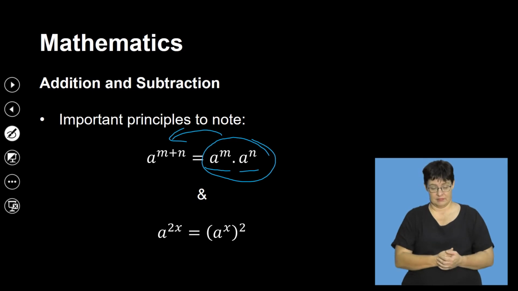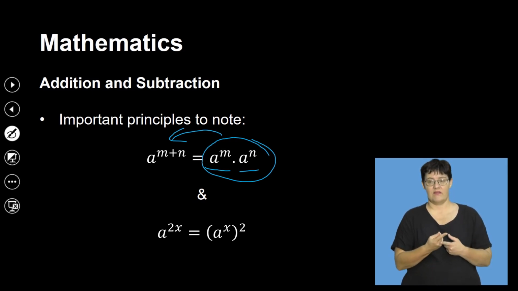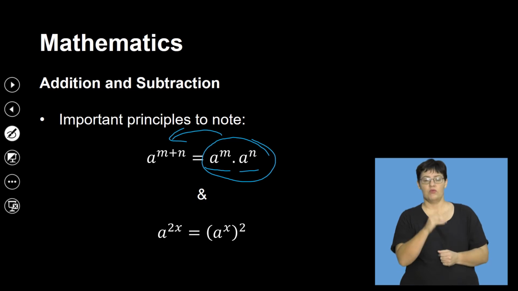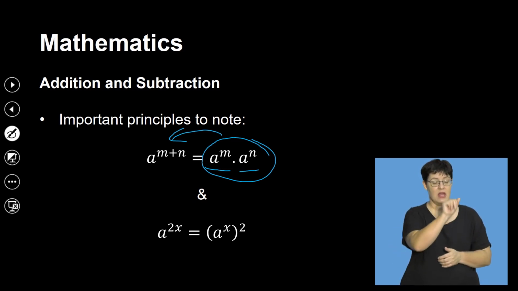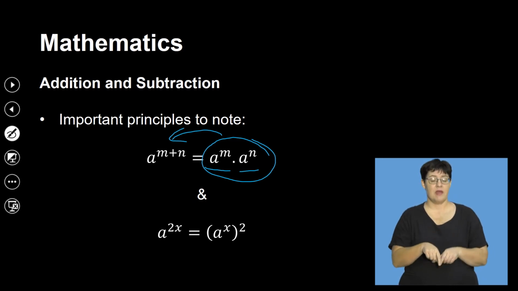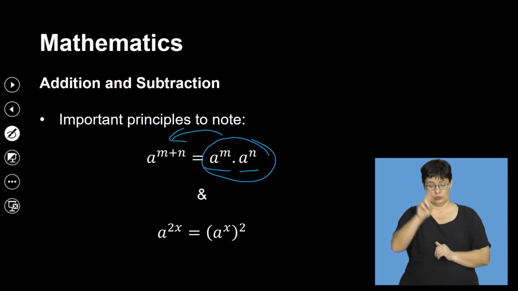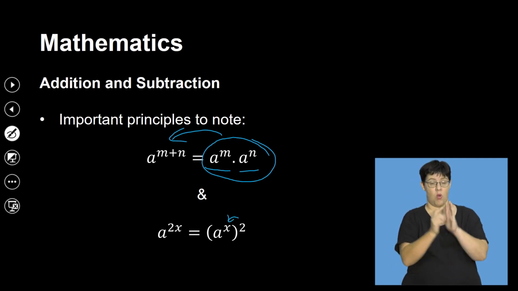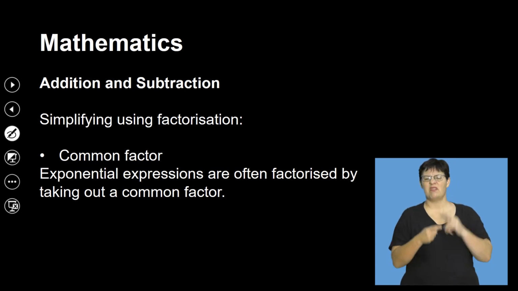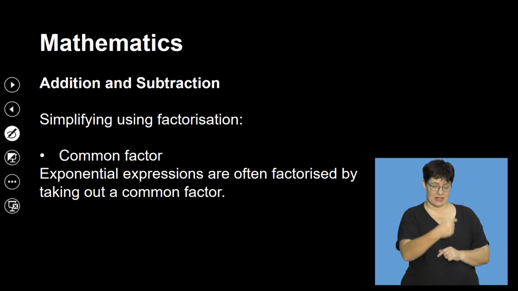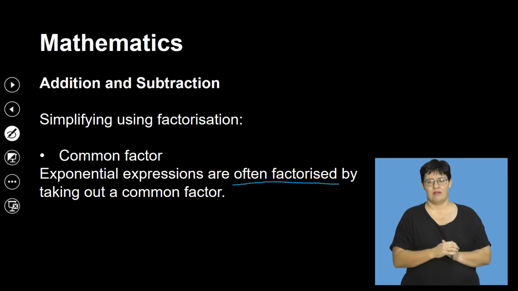So I'm going to give you something with exponents added, then you will need to use this thing called splitting them, using this principle. The other one is a to the exponent of 2x is the same as a to the exponent of x, all raised to 2. Remember the law of brackets that we spoke about, which has to do with multiplying those exponents.